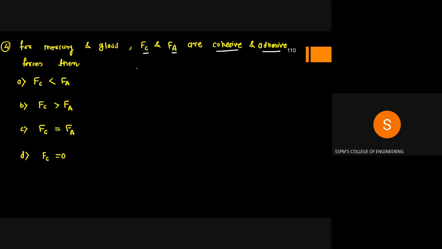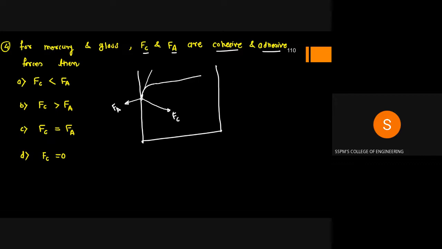So for glass and mercury, we observe such a meniscus. Here we have Fa, the adhesive force, then the cohesive force, which is Fc. Here we have the tangent, and this is the resultant force.